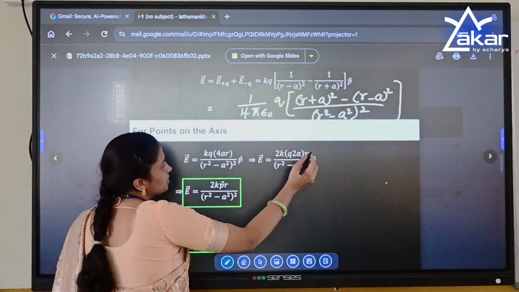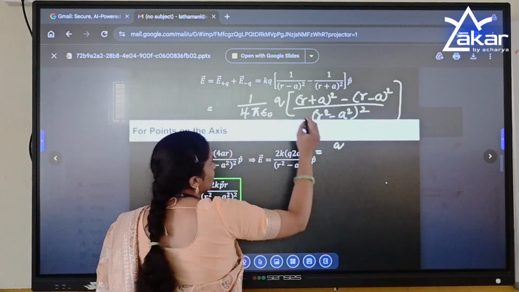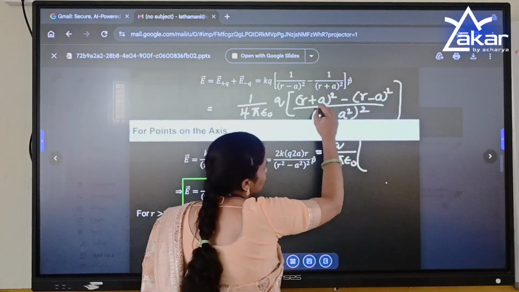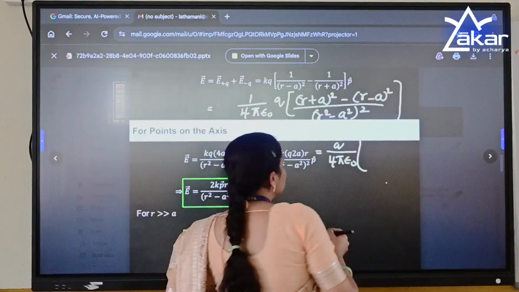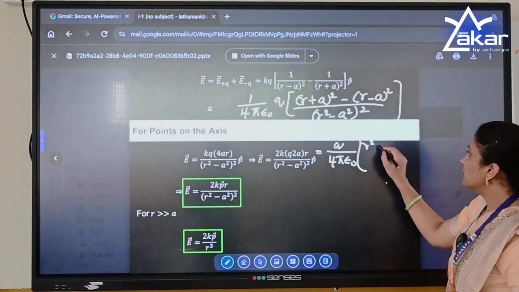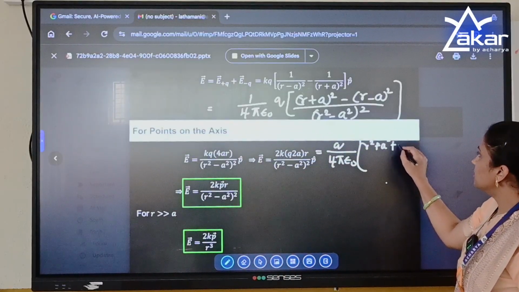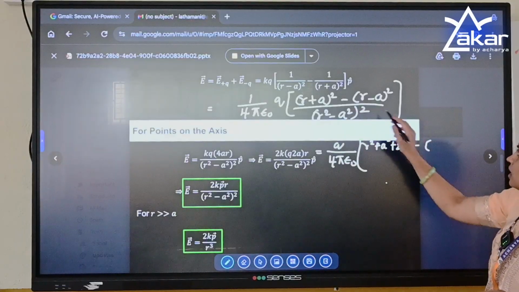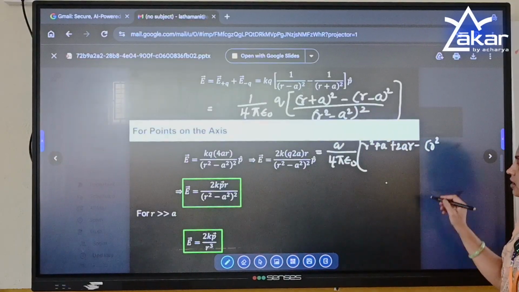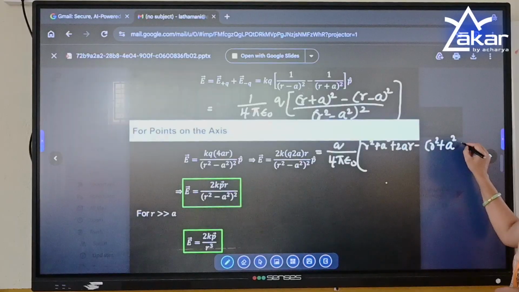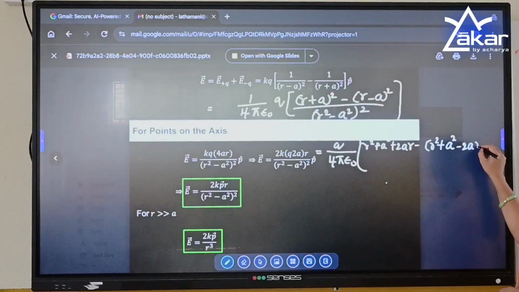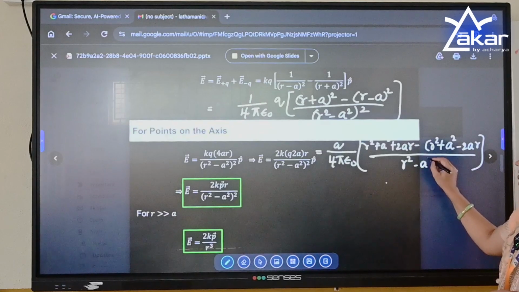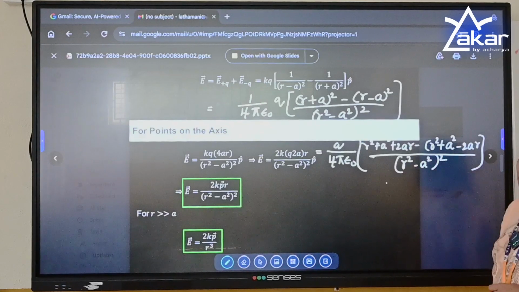Now continue. Q by 4 pi epsilon naught into, what is (R plus A) whole square? (R plus A) whole square is R square plus A square plus 2AR, minus (R minus A) whole square, which is R square plus A square minus 2AR, divided by (R square minus A square) whole square.